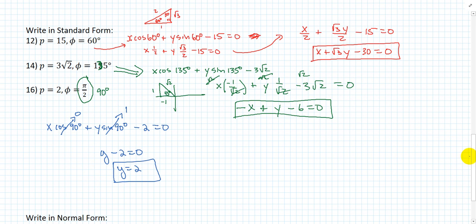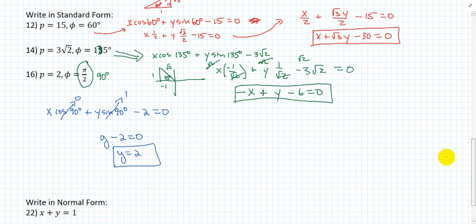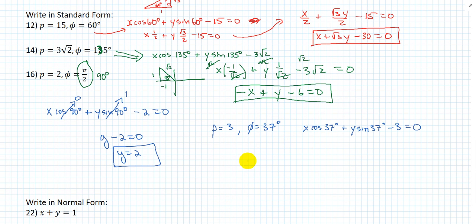And what I want to show you is, because I promised you could use your calculator too, what happens if I do p equals 3 and phi equals 37. We don't have a known quantity for 37, so what I would do is I would go x cosine 37 degrees plus y sine 37 degrees minus 3 equals 0. And then I have to pull up my calculator.